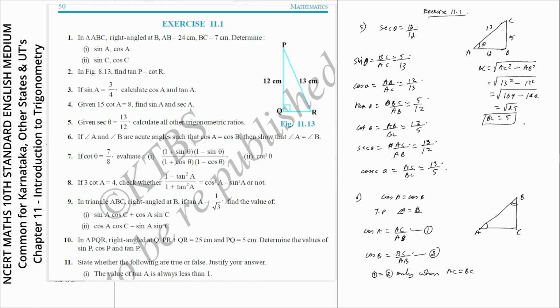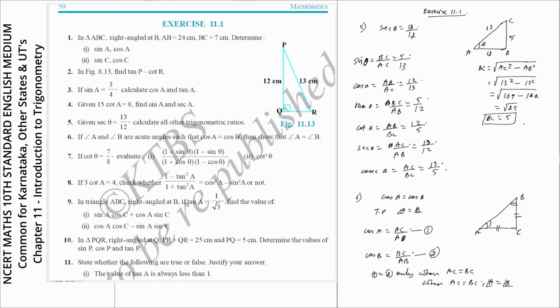Therefore angle A will be equal to angle B. Okay, when these two sides are equal, these two angles will be equal.